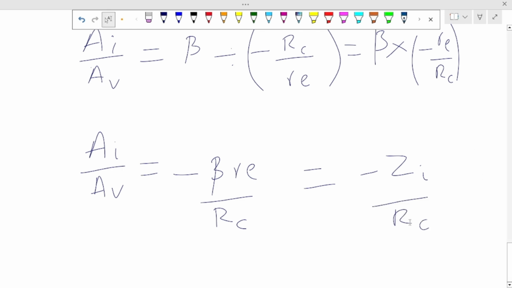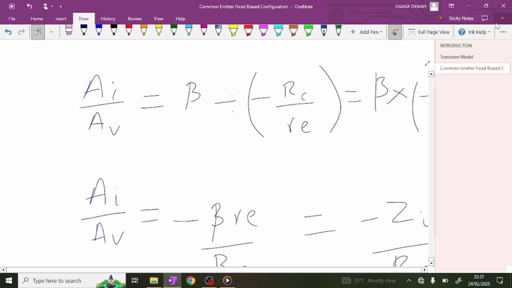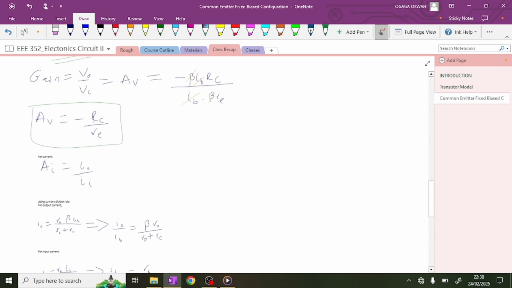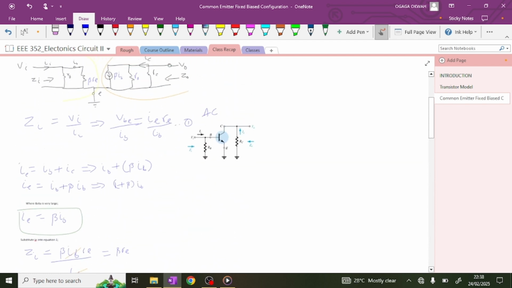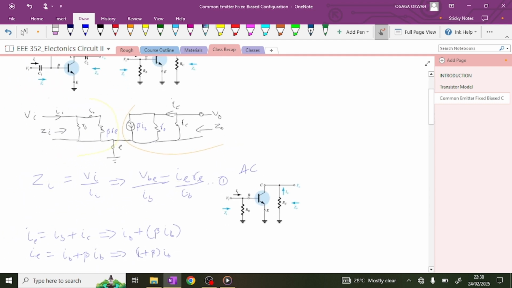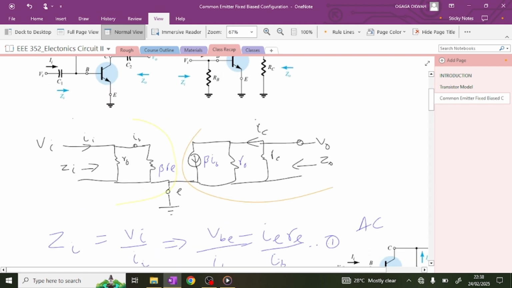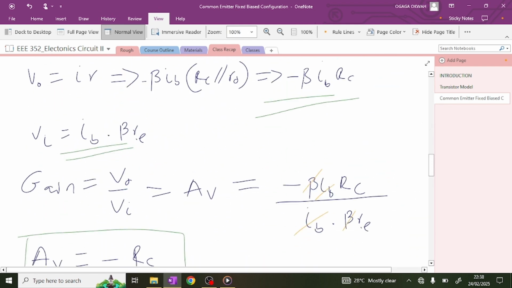Now, this negative sign just indicates a phase shift. Like I said, it's on the opposite side, so kind of opposite. It will be like a 180 degree shift. So yeah, this is all for this video, and this is all we've done for now.